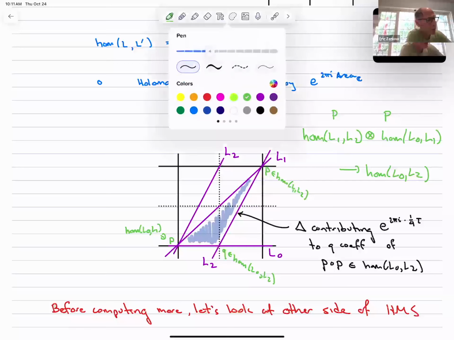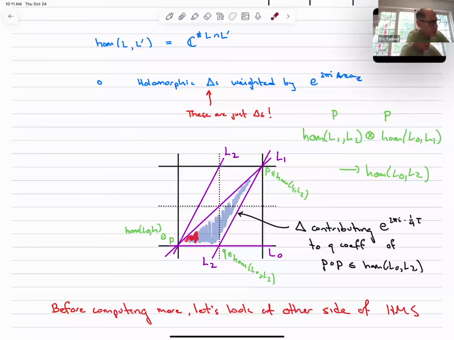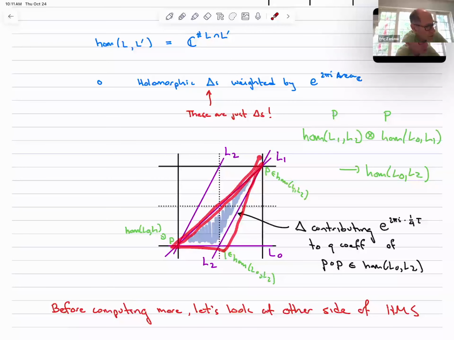So this triangle is going to be one of the triangles that contributes. How much will it contribute? Well, P composed with P is going to land in Ham(L0, L2). L0, L2 has two intersection points, so it's a two-dimensional space generated by this one, which we call P, and this one, Q. If I was trying to do P composed with P, the answer will be a sum of triangles of this shape.